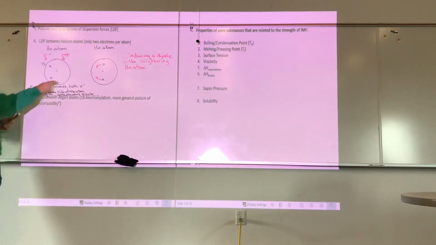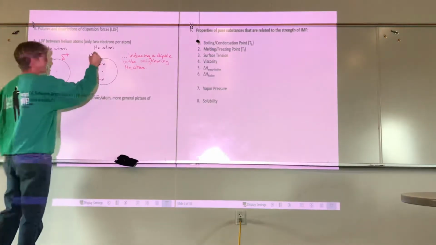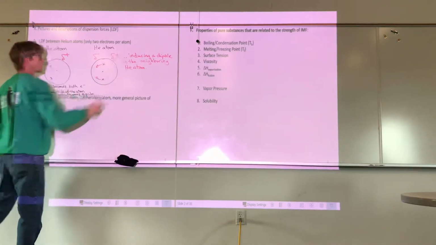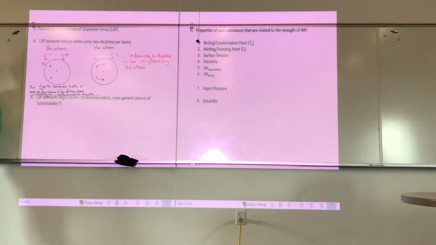And so over here, when the electrons move, now we have a partial negative and a partial positive there.